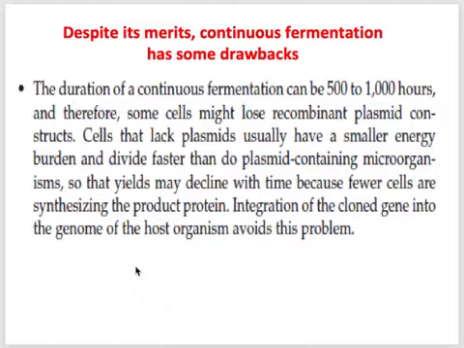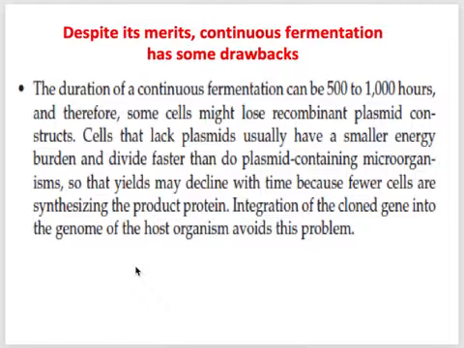As it runs for long, sometimes it can create problems, such as when you are using a microorganism which carries a recombinant plasmid. Whenever a microorganism grows, and you are running your fermentation for 500 to 1000 hours, your microorganisms will divide many times in this period.